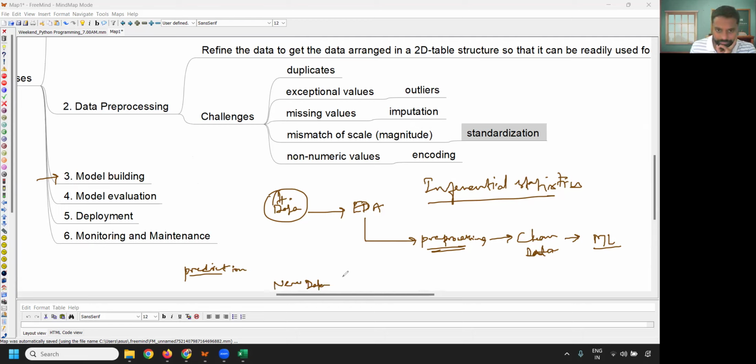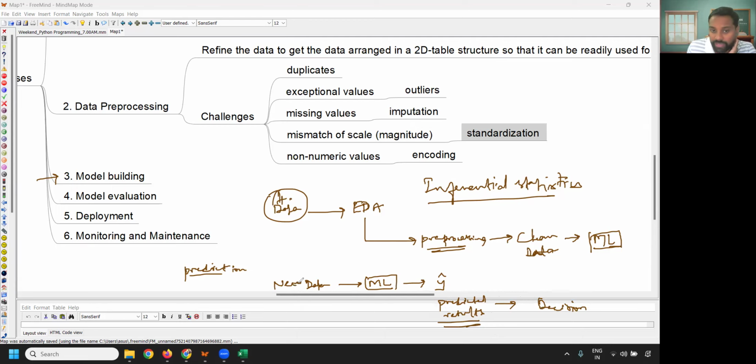New input. This new data should be passed through the ML model that we are developing here, and it should be able to give us the predicted results. Using these predicted results, the appropriate decision would be taken.